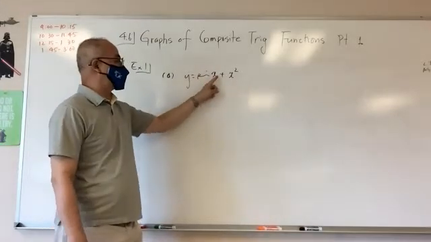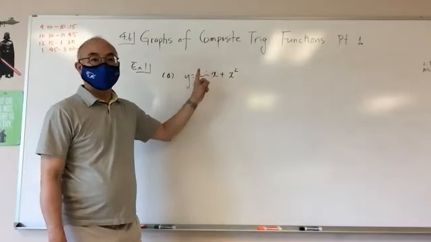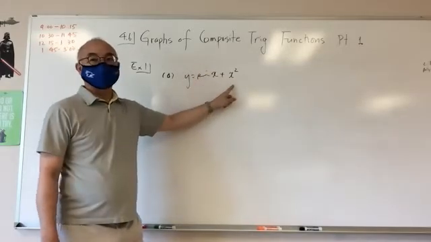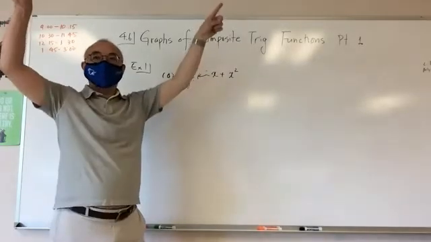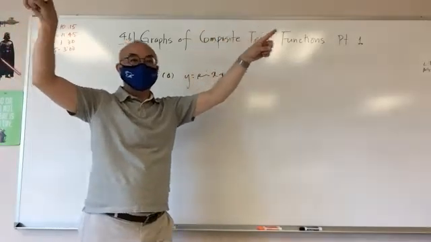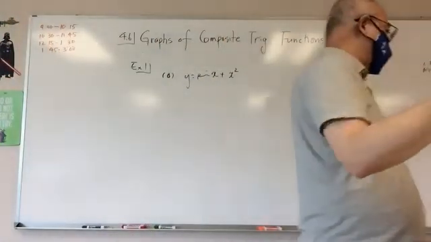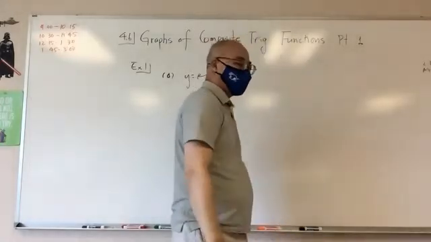Because sine x is always going to be between 1 and -1, and x squared is going to go really high on the ends. So think about what it's going to look like and actually try to graph it.